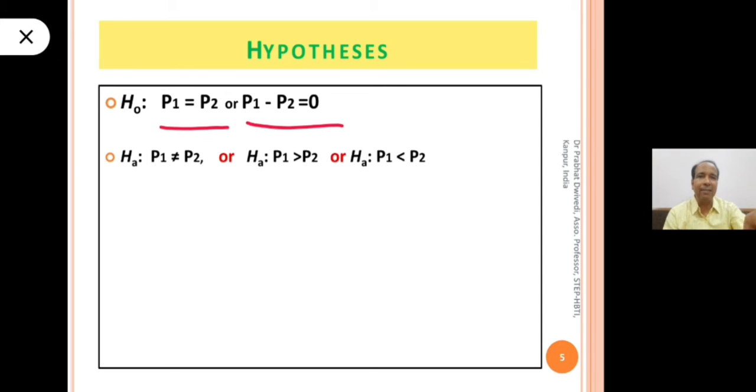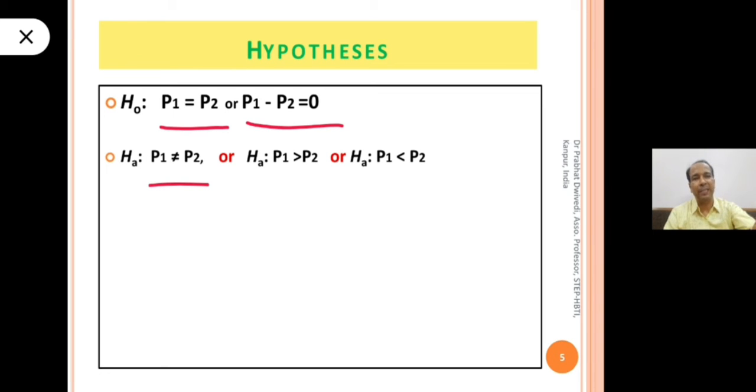And against that, the alternative hypothesis has three choices. First, P1 is not equal to P2.